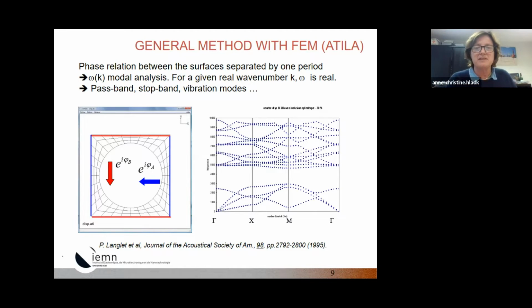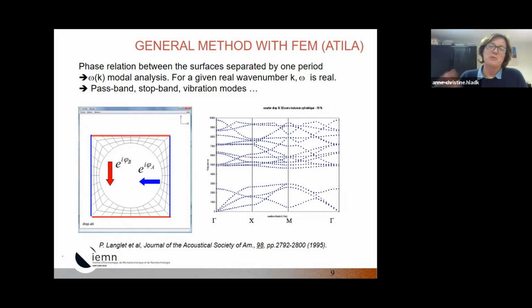But after my thesis, Philippe Langlais developed here on slide 9 a method for the calculation of the dispersion curve. But it's funny because it was too early. When Philippe Langlais wrote this paper, there were no phononic crystals, no metamaterials, and so we had to wait about 10 years.